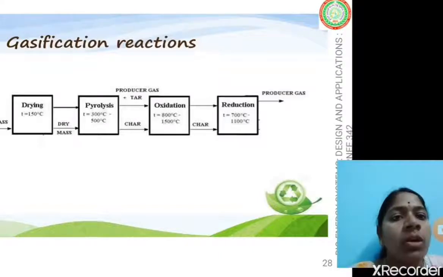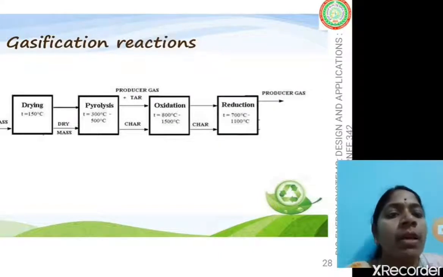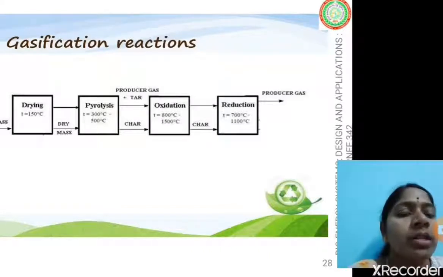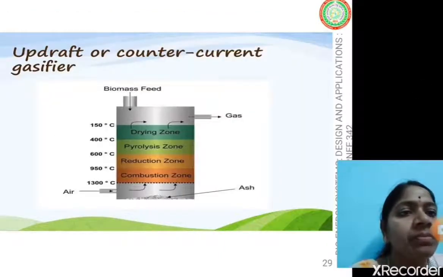Again, the process with respect to the reaction zones: drying at 150 degrees, pyrolysis at 300 to 500, then oxidation at 800 to 1500 degrees Celsius, and reduction at 700 to 1100 degrees Celsius, which produces the producer gas.